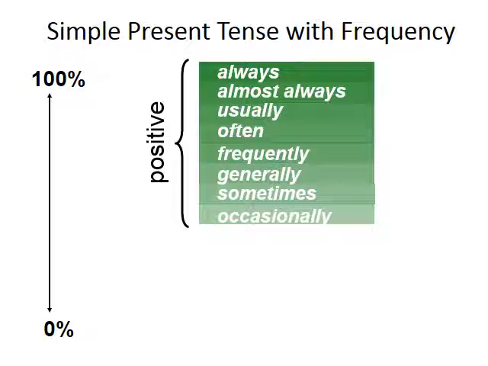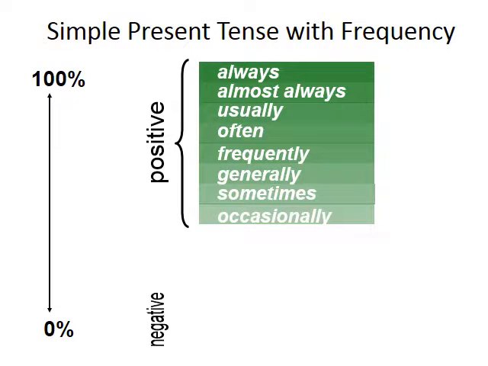So we can divide up the frequency words into two groups. We can have the positive ones, meaning basically 50% or more. We start at the top with always, meaning 100%, and then we work our way down from there, getting less and less, with sometimes and occasionally being closer to 50% than to 100%.